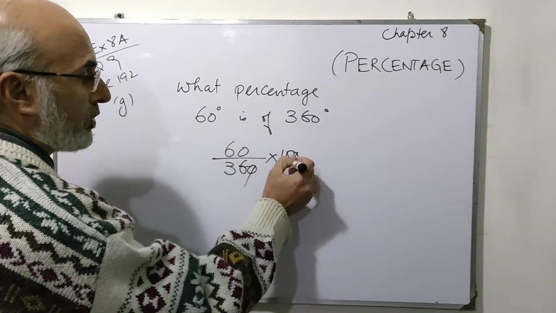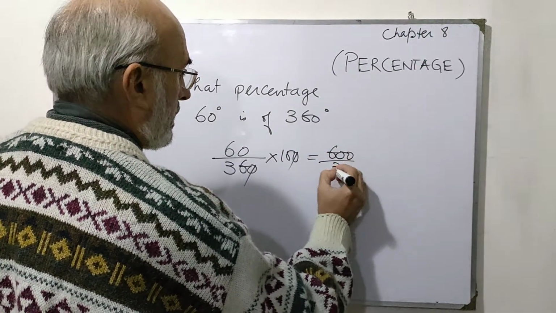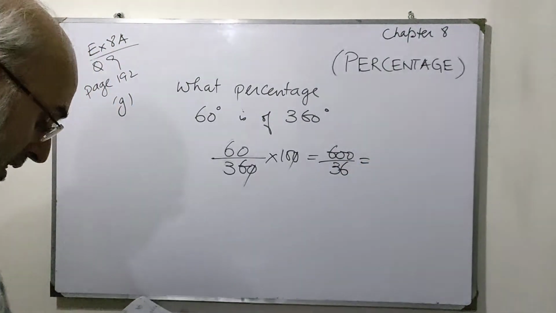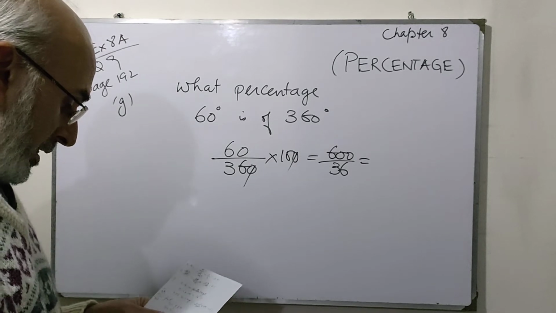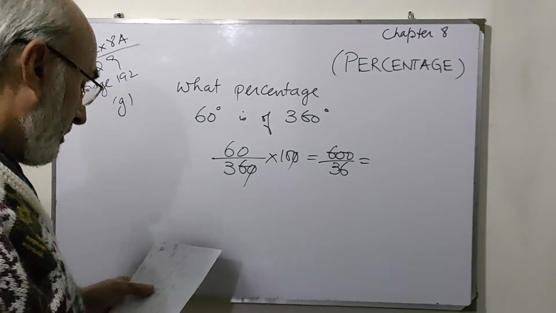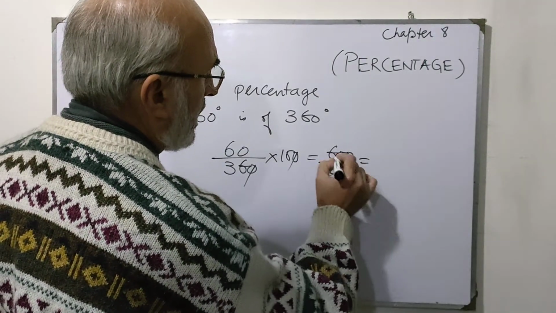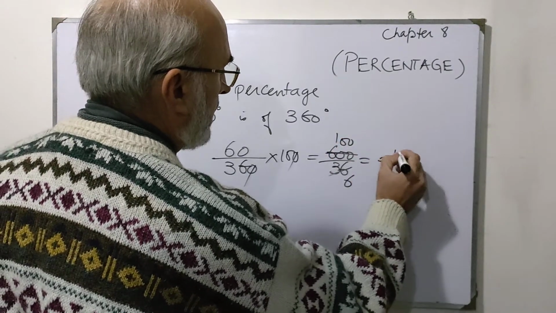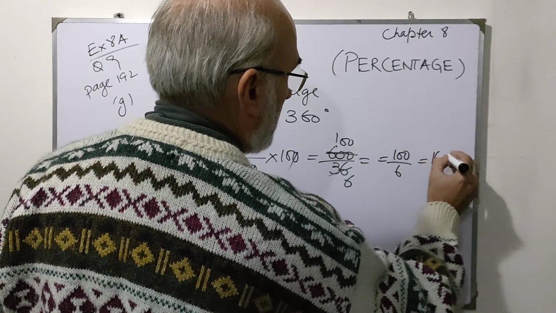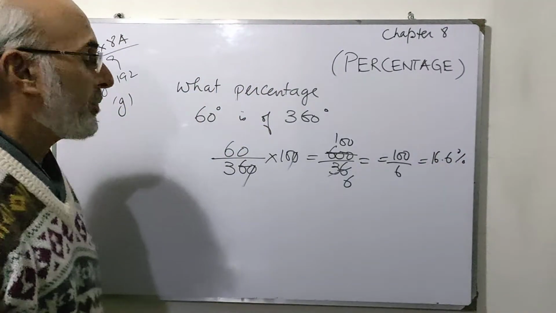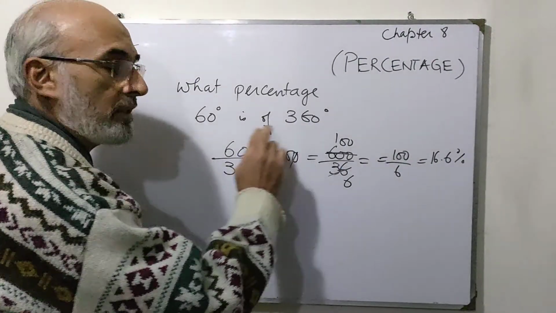So this 0 goes with this 0. What we have is 600 over 36, and further simplifying, 6 6s are 36, so it's 100 over 6, and it is 16.6%. Okay, so 60 degrees is 16.6% of 360 degrees.